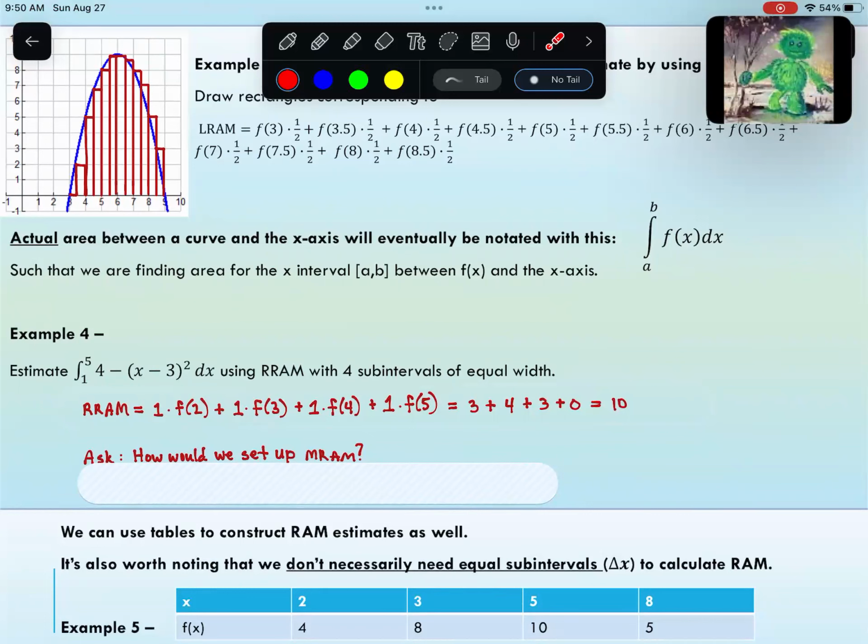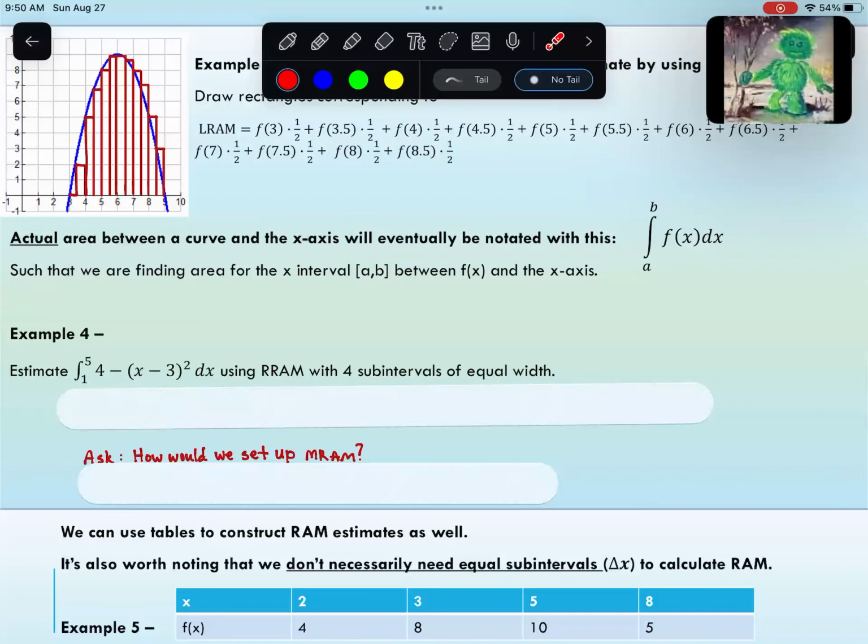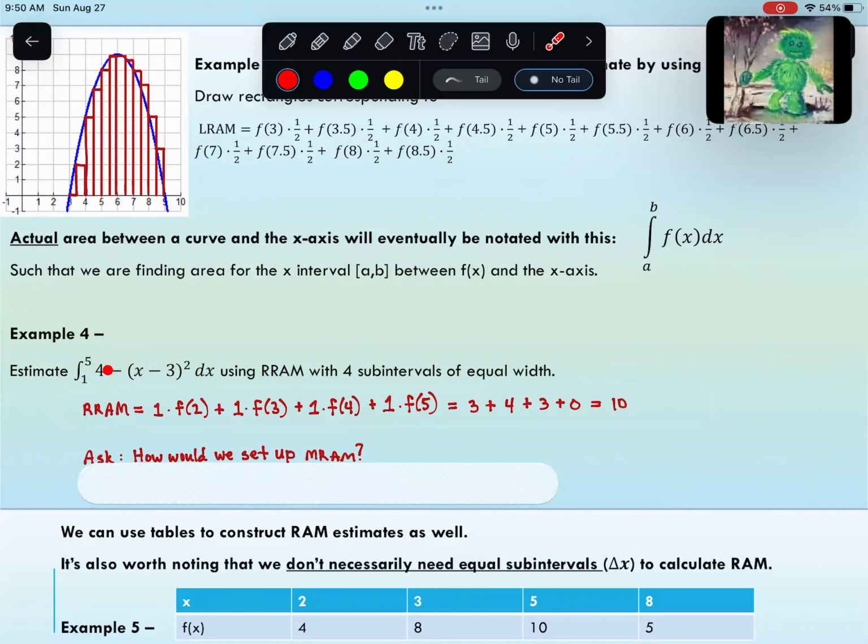So you have to imagine an interval from 1 to 2, 2 to 3, 3 to 4, 4 to 5, and then take the rightmost x value of each of those intervals. So it's the 2, the 3, the 4, and the 5 that are getting plugged into this guy right here.